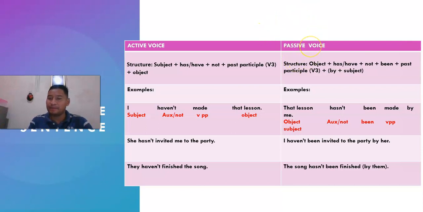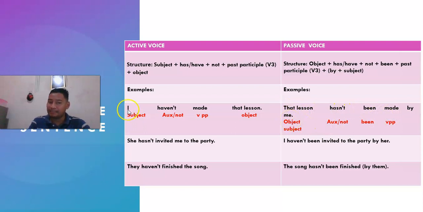And the passive voice, in this case, negative sentence structure: object plus has or have plus not plus been plus past participle plus by plus subject. Example: I haven't made that lesson. That lesson hasn't been made by me.